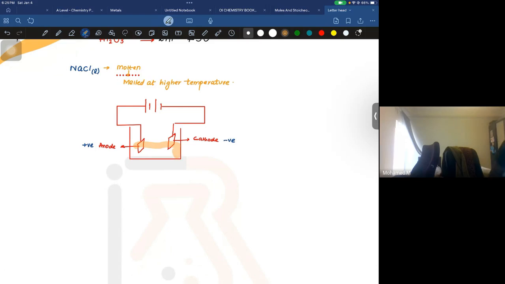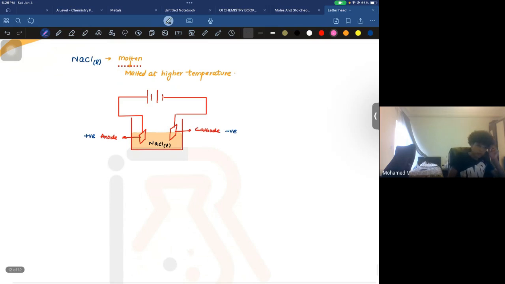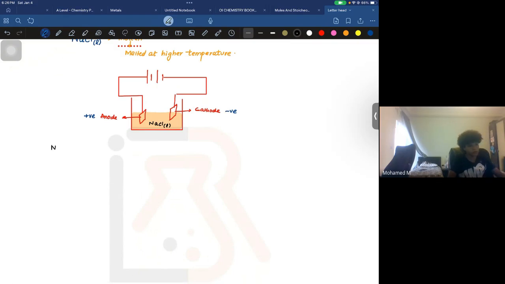Okay, so then I'm going to take sodium chloride molten, NaCl liquid. This is my electrolyte in this case. When I have turned on the battery, the sodium chloride would be breaking down into cation and then anion. So first of all, you need to write this equation that I told you in the last class.